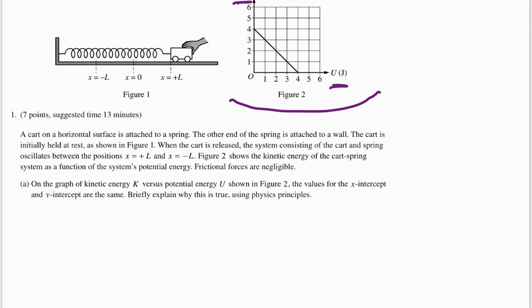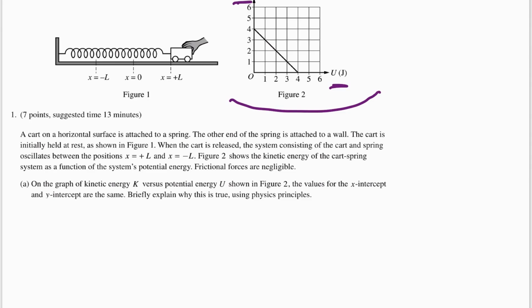So at this point, kinetic energy equals the total mechanical energy. And from the graph, this maximum kinetic energy is 4 joules. When K is 0, all of the energy is potential. So here, at this point, potential energy equals the total mechanical energy. And again, from the graph, the maximum potential energy is also 4 joules.